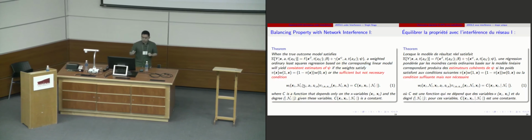We also show that this new weights criteria is a sufficient but not necessary condition of the standard DR weights criteria. It means that the proposed network weights will also satisfy the standard DR weights criteria, but not the other way around. Okay, I will give you an example to demonstrate it.